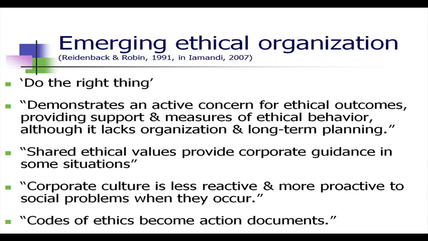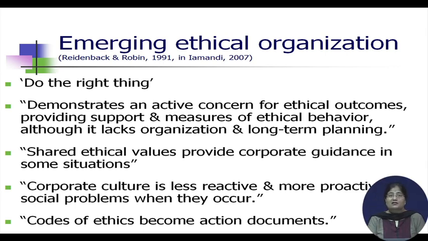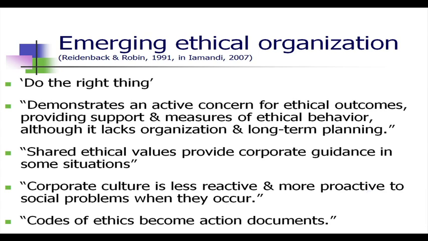Emerging ethical organization is I must do the right thing. Demonstrates an active concern for ethical outcomes, providing support and measures of ethical behavior, although it lacks organization and long-term planning. Shared ethical values provide corporate guidance in some situations. Corporate culture is less reactive and more proactive to social problems when they occur.